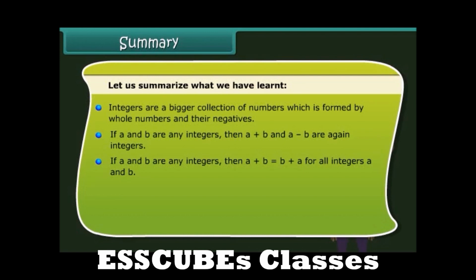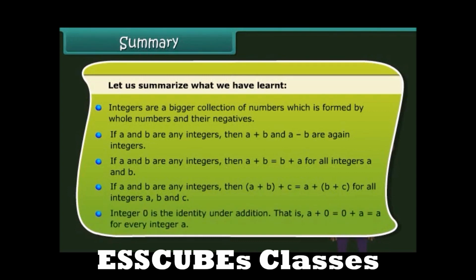If a, b, and c are any integers, then a plus (b plus c) is equal to (a plus b) plus c. Integer 0 is the identity under addition. That is, a plus 0 is equal to 0 plus a, which equals a for any integer a.